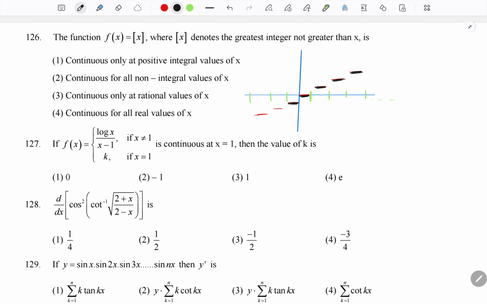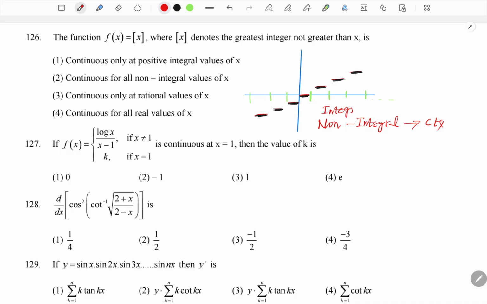What is this? It is everywhere except integers, right? It means the points that are non-integers. Mathematically, these points are called non-integral points. At non-integral points the graph is continuous. Coming to integral points, what is the graph's role here?